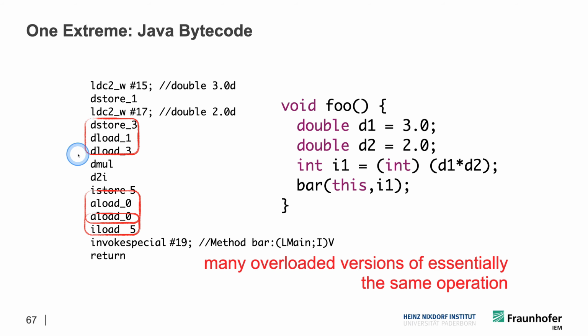Also, because we have this operand stack here, that makes it a little bit hard to determine what's going on here, right? So let's say you only look at this one line of code here, this dmul, you see that something is being multiplied, but by looking at this single line, you cannot really tell what is being multiplied. In order to do that, you actually have to look backwards into the previous stack operations, and the last load onto the stack might not be directly preceding this multiplication, right?